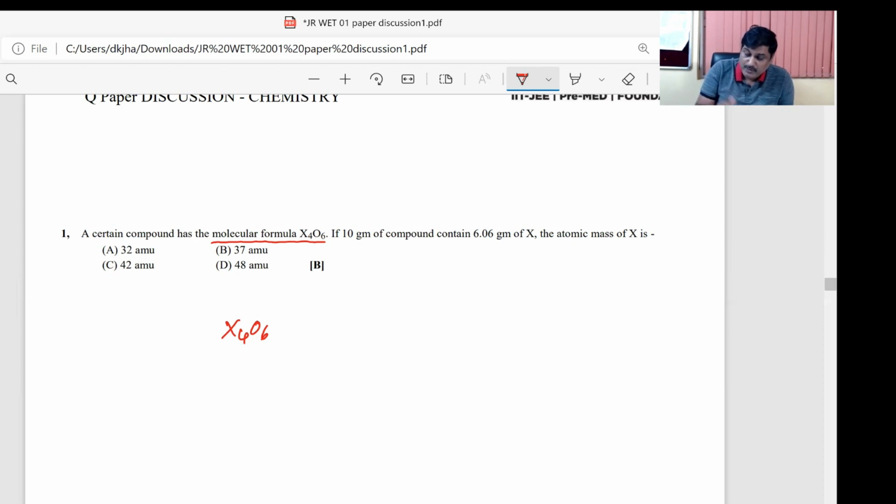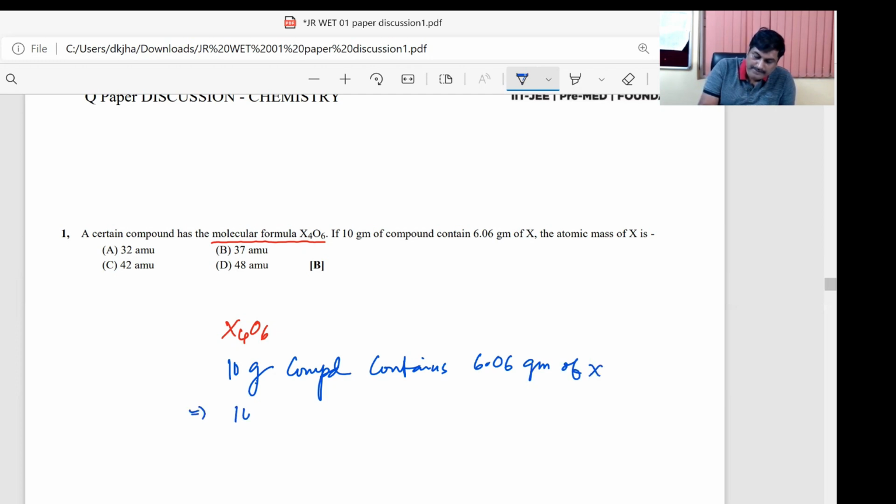So we write here: 10 gram compound contains 6.06 gram of X. Then 100 gram compound contains, that is 10 times, 60.6 gram of X. Simple one.